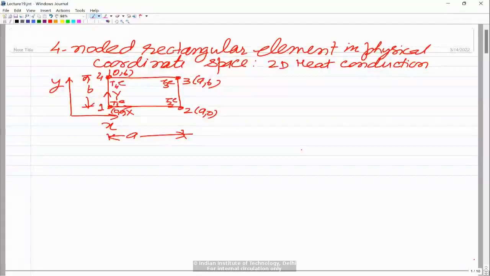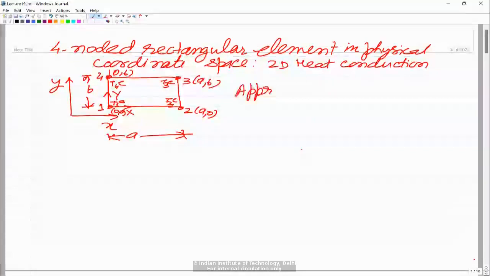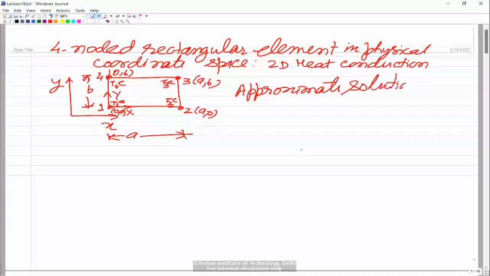As usual, the first step is to assume an approximate solution. Since temperature is a primary variable, it has to be a degree of freedom at the nodes, and we have a total of four elemental degrees of freedom.